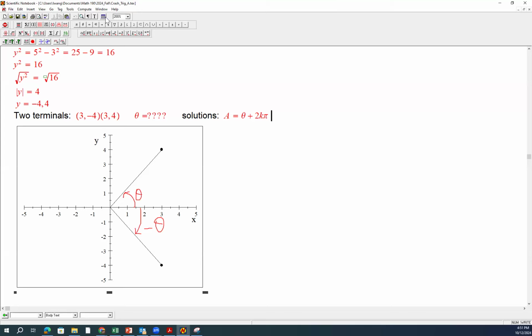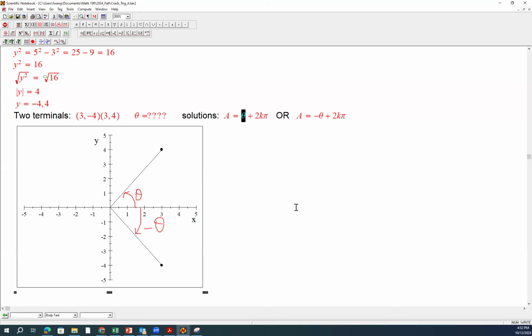Or we can use the other terminal, which is negative theta, plus 2k pi.